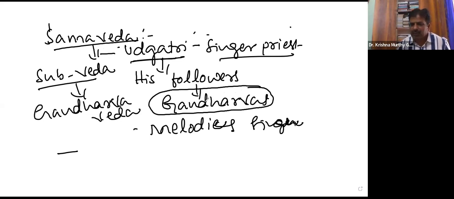They were the early musicians in the history of ancient India. They were known for melodious singing in those days.